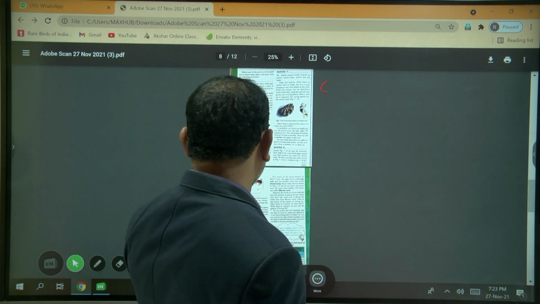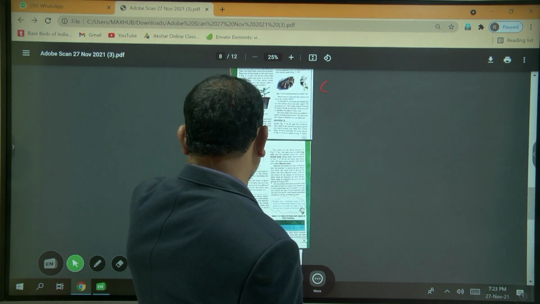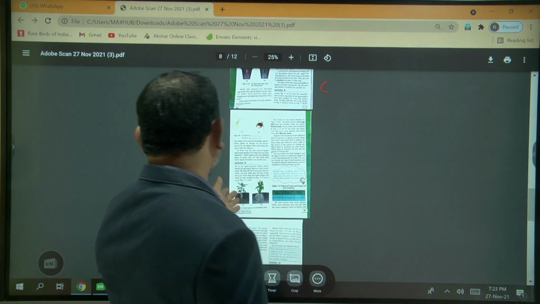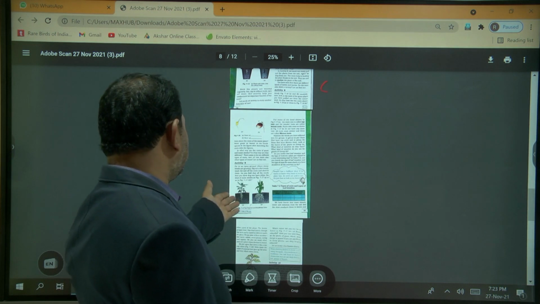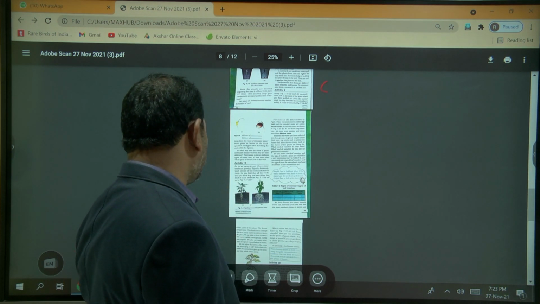Next, the fibrous root system. Actually, if you see plants, this is the taproot system, this is the fibrous root system.